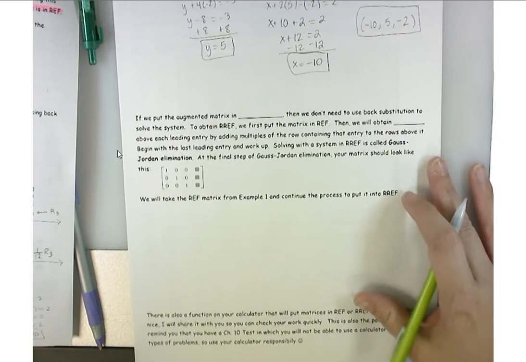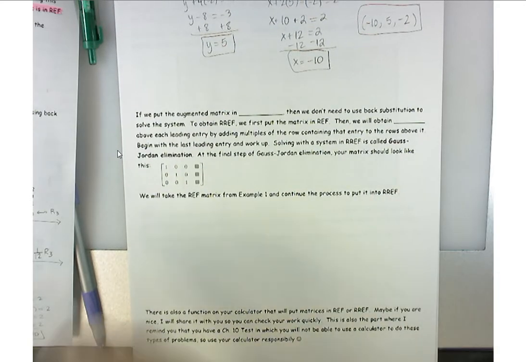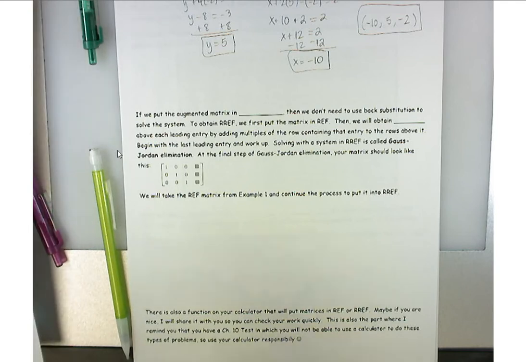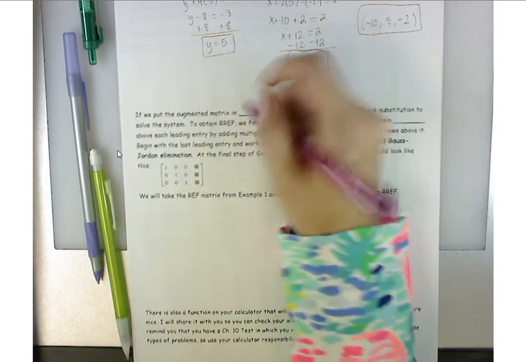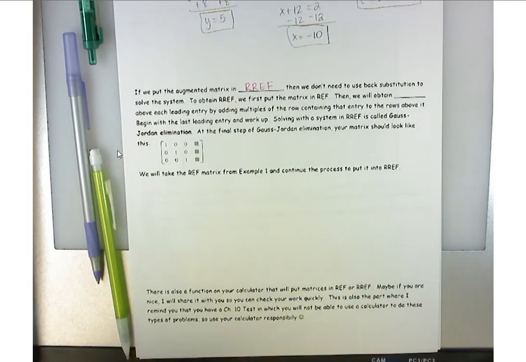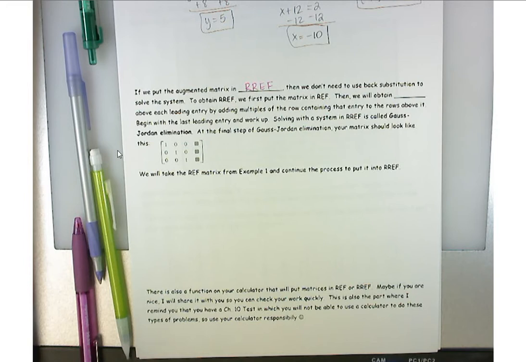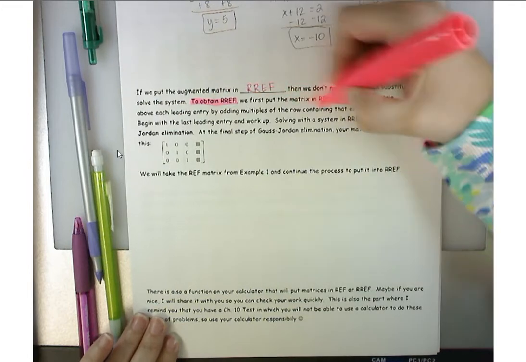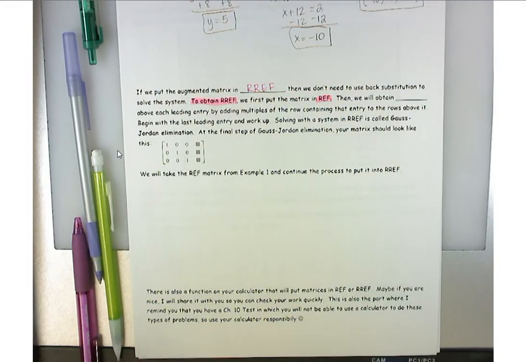Continuing, if we put the augmented matrix in reduced row echelon form, then we don't have to do back substitution. We're just going to be able to look at the matrix and see what each variable is. To obtain reduced row echelon form, we first put the matrix in row echelon form, which is what we just did up here.